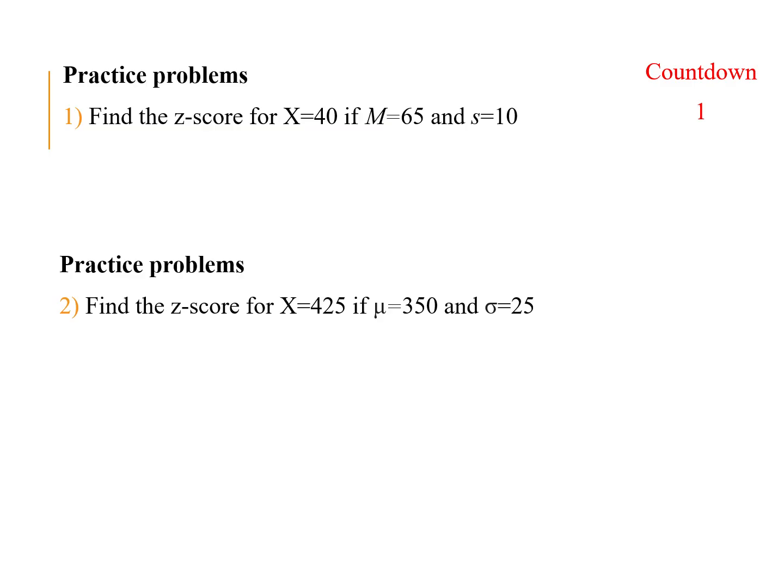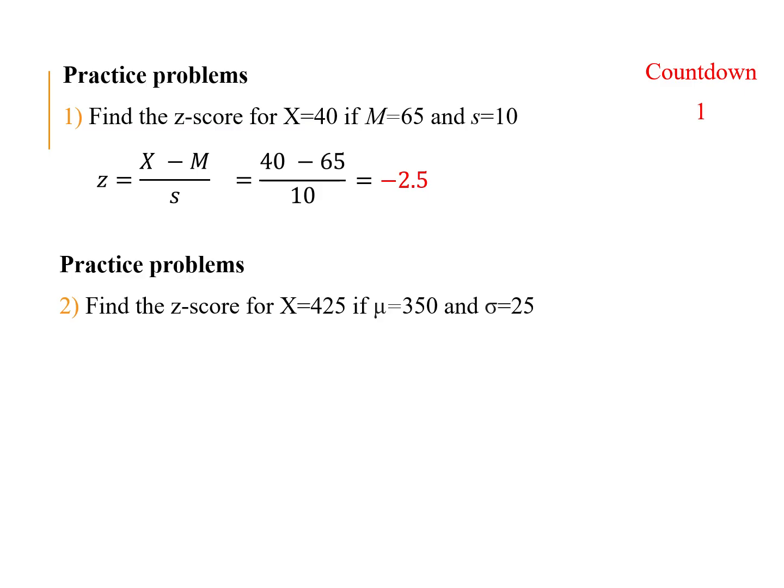So for the first problem, we have a score of 40, a mean of 65, and a standard deviation of 10. As you can see, the statistics provided are for the sample notation. So pulling up that equation, we have 40 minus 65 divided by 10, and that gives us negative 2.5.